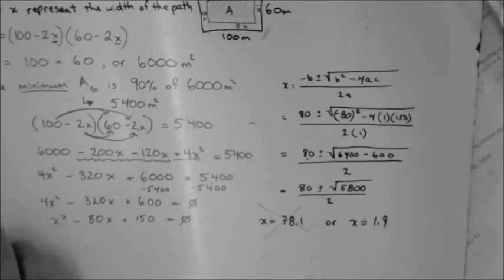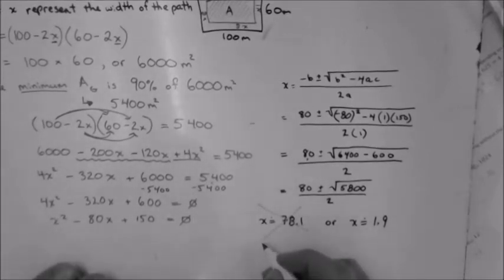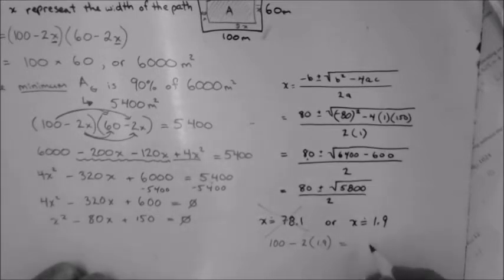And we could find out what the dimensions would be if the path was 1.9 meters wide. You would have one dimension of 100 minus 2 times 1.9, which is 100 minus 3.8, which is 96.2 meters.